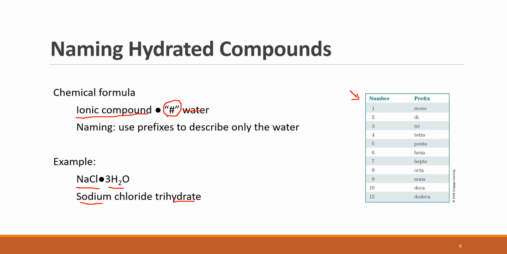So we just write sodium because we know its charge is always going to be a +1 since it's an alkali metal. And then chlorine becomes chloride. And then for the water portion, we use a prefix to indicate how many waters. Since there are 3, we are using tri. And then to indicate the water, we use the term hydrate.